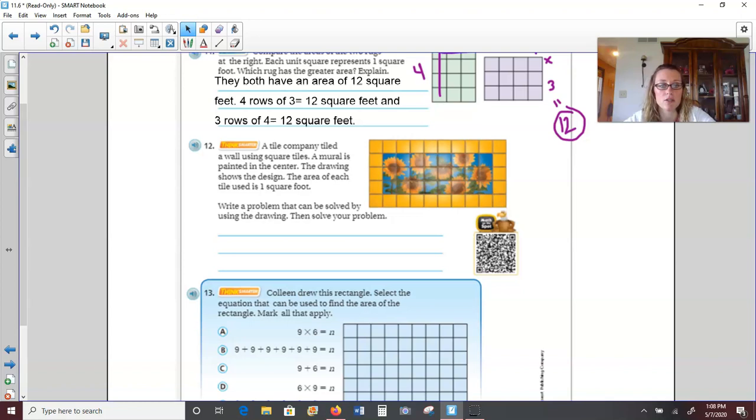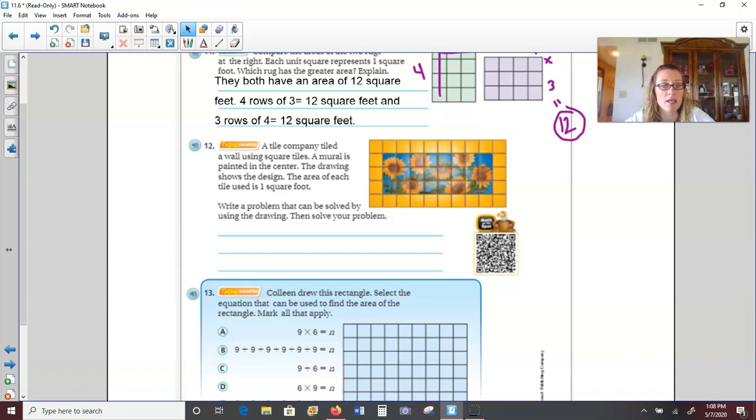So let's look at the picture a little bit. I see that there is a border of yellow tiles around the mural of sunflowers in the middle. So we could ask a question about, what is the area of the yellow border around the picture? Or we could ask, what is the area of the mural in the center?